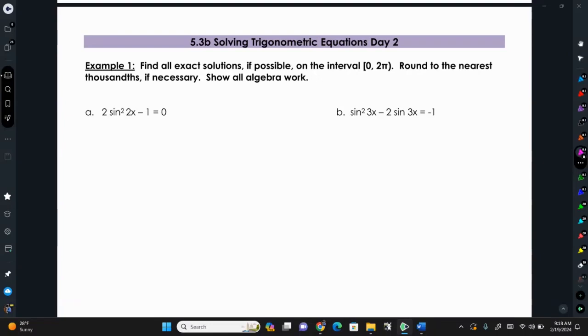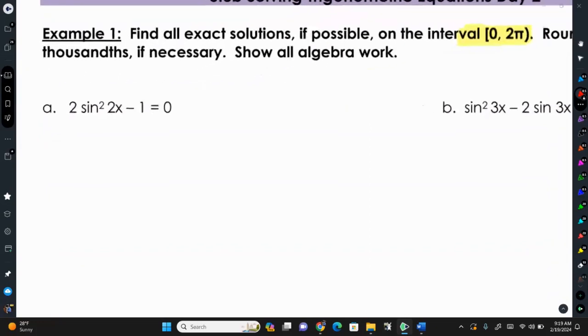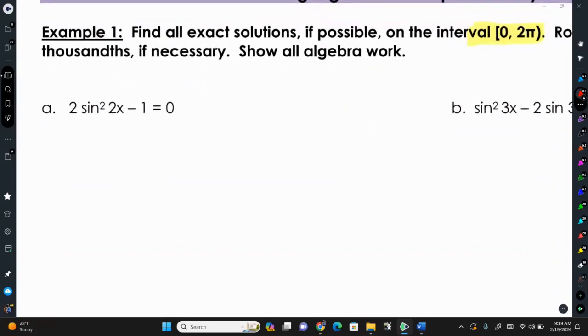Now, in day 2 of solving trig equations, we're going to get a little bit more complicated where we have to deal with multiple or partial angles. And again, we're still solving equations between 0 and 2 pi. If we look at our example, you'll notice the difference today is that instead of it being 2 sine squared of x, it's 2x.